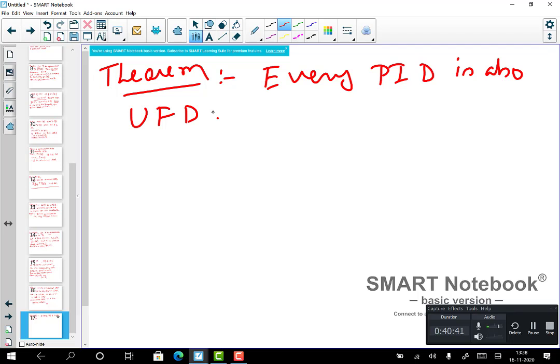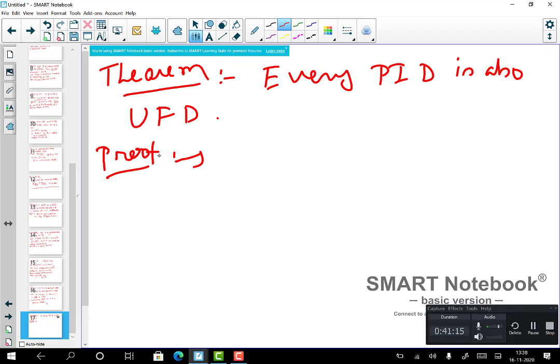So whatever property is enjoyed by a UFD should also be satisfied in a PID, right? Because a PID is a UFD, but the converse is not true. There might be UFDs which are not PIDs. That is possible. But if you have a PID, it must be a UFD, a unique factorization domain. Now, how do you prove this kind of important theorem? So let me give a proper proof.